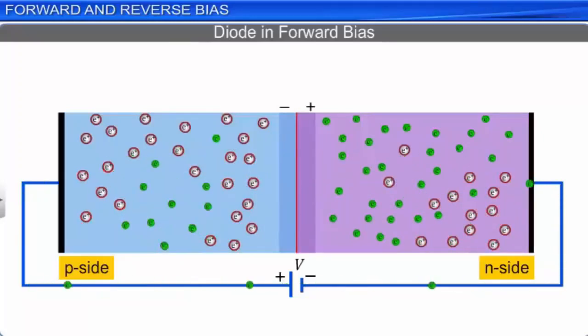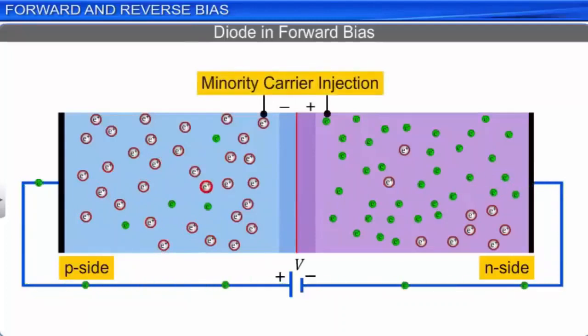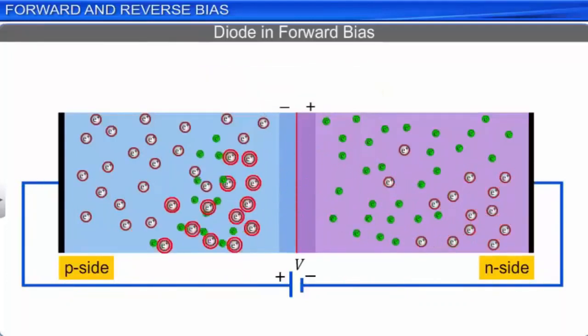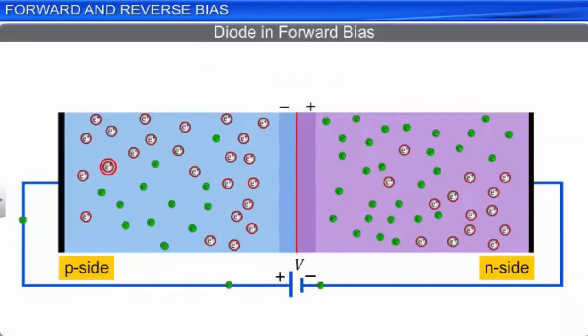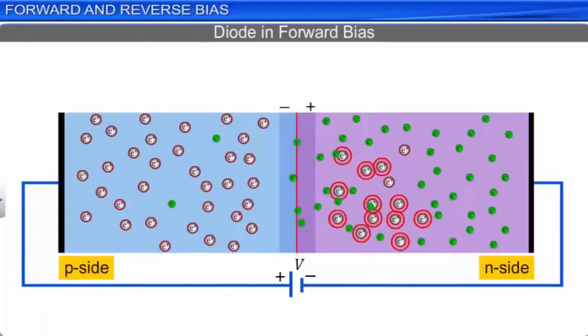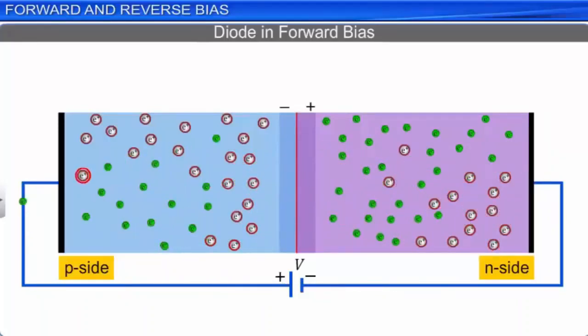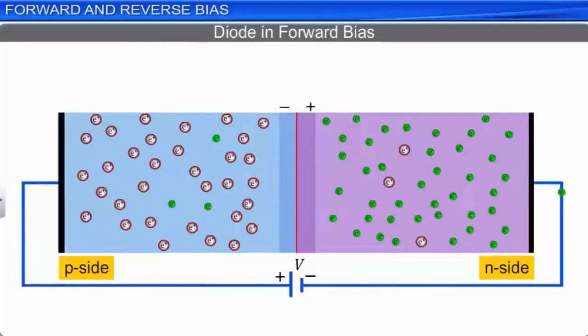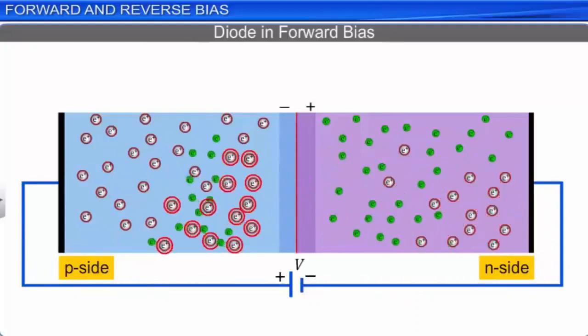As a result of the minority carrier injection in a forward-biased diode, the diffusion current increases much above its equilibrium value. But the drift current remains almost unaffected since the rate of formation of hole-electron pairs is almost constant and is independent of the electric field applied by the battery.